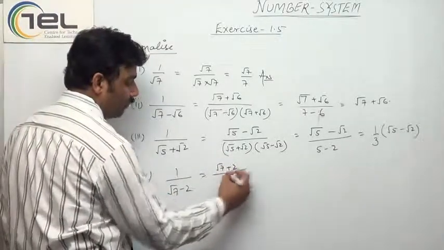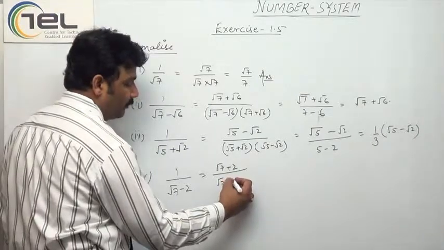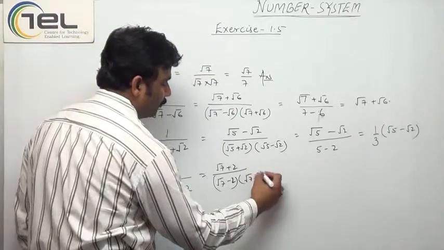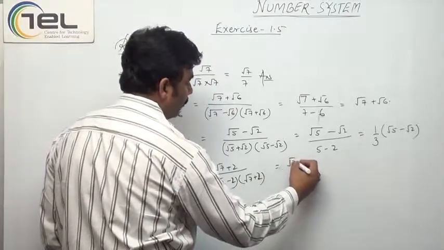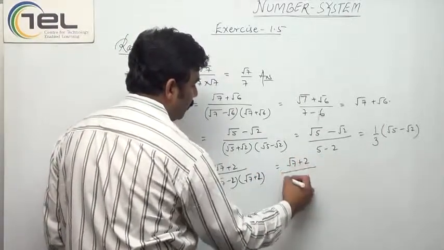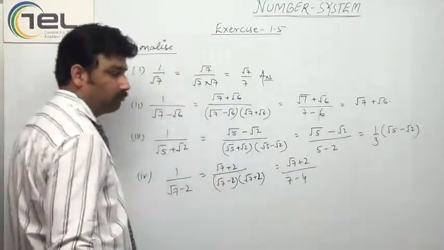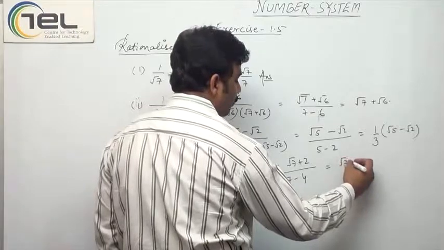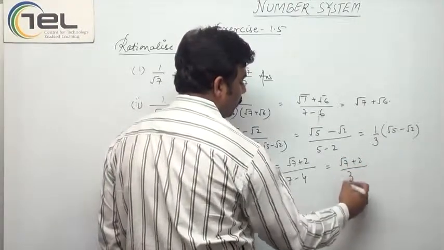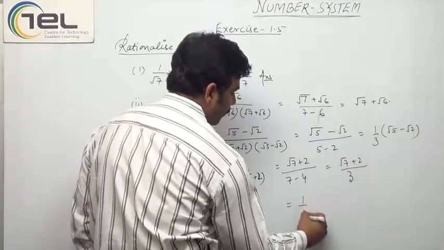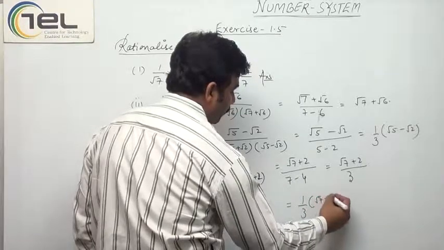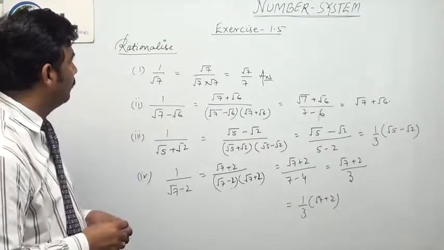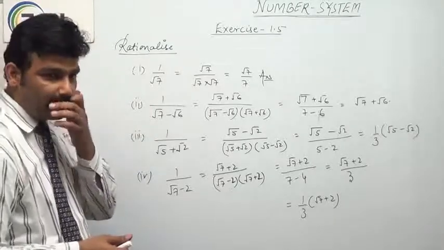So it will be root 7 plus 2 upon 7 minus 4, since 2 squared is 4. So it will be root 7 plus 2 upon 3. Again it will be 1 by 3 times (root 7 plus 2). Clear? So we are done with this rationalization.